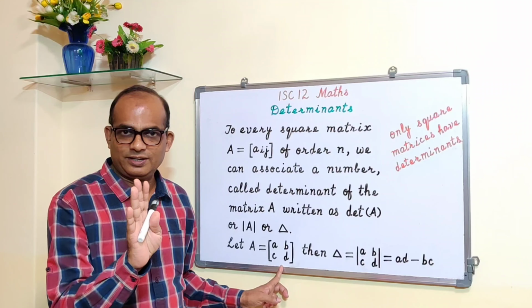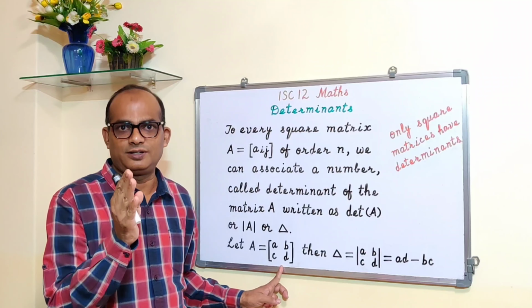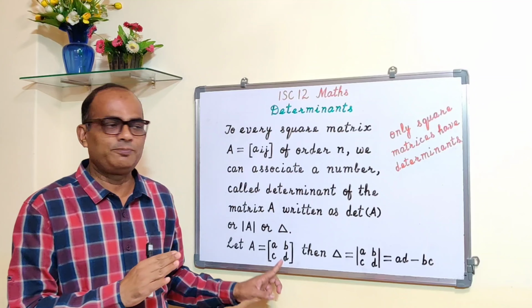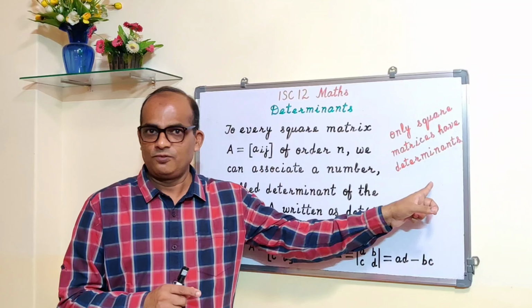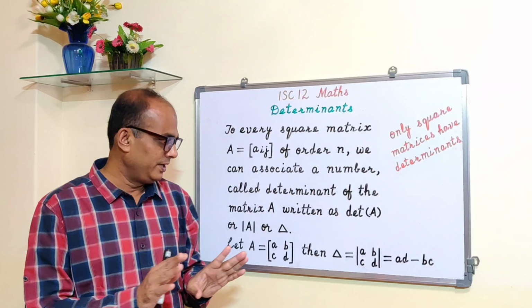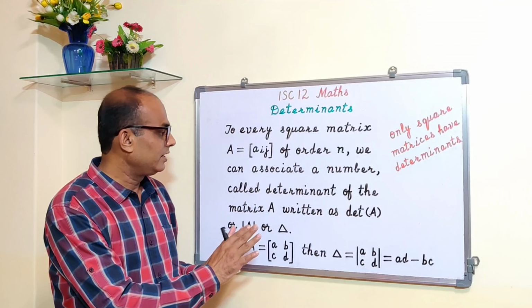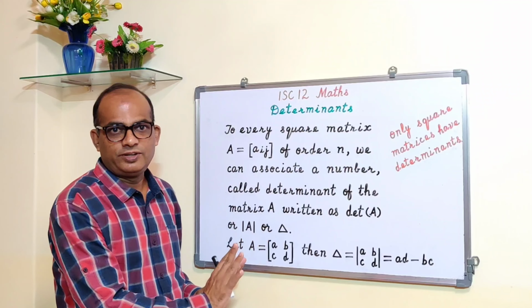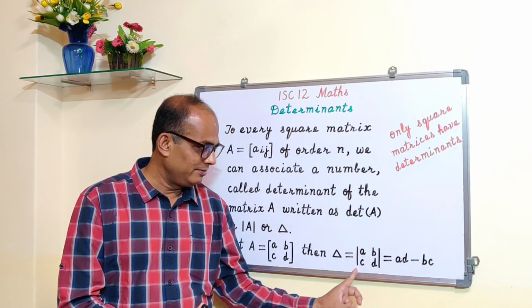It can be any order, but it should be a square matrix. So please remember, only square matrices have determinants. I hope the definition of a determinant is very clear, and how we evaluate the determinant, AD minus BC.